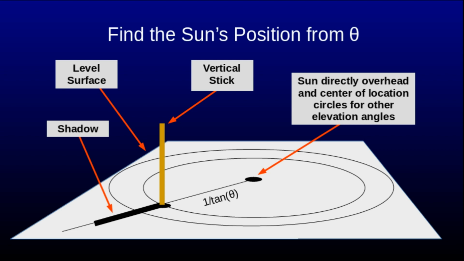And that position, we'll mark that and use that for the location of the sun. And from that location, we can then draw circles which represent sun angles for that time, sun position, and various locations. Here's how that works.